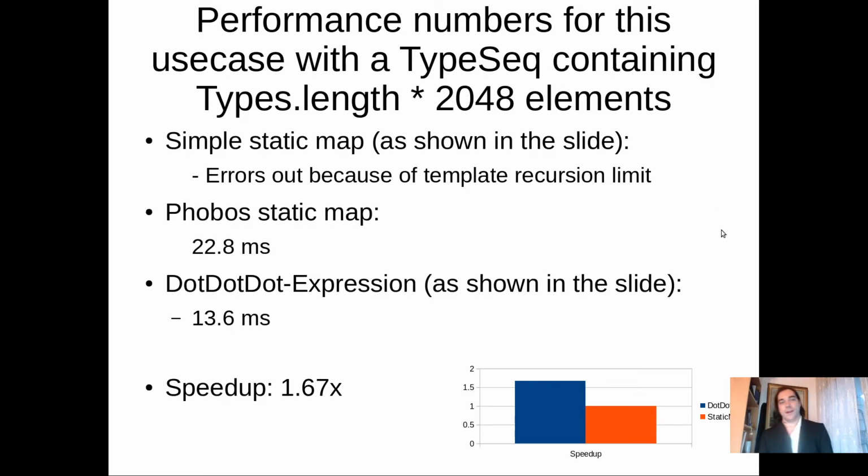Right, here we can see that when we use it on a fairly long sequence of types, like the type sequence that we saw before, where most of the basic types are in, and we compare how staticMap in Phobos performs and how the ... expression performs, we will see that the ... expression is roughly 1.6 times faster than the staticMap, and the staticMap only works because it has been rewritten to use fewer template instances. I think we will see that here.